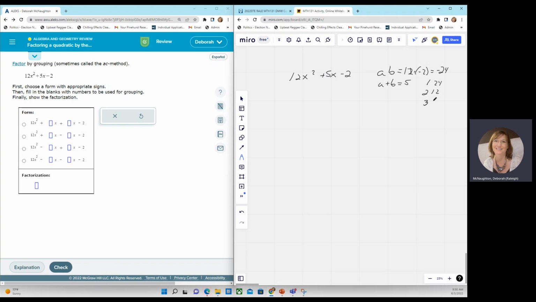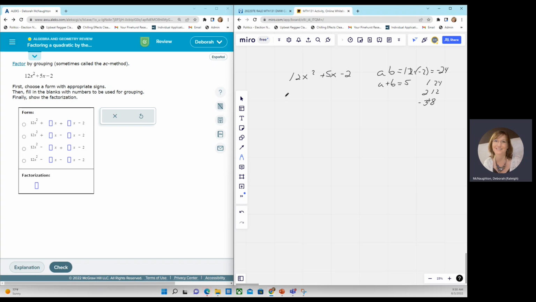If I do 3 and 8, those subtract to 5. -3, +8 will give me 5. So I'm going to replace this 5x in the middle with -3x and 8x.